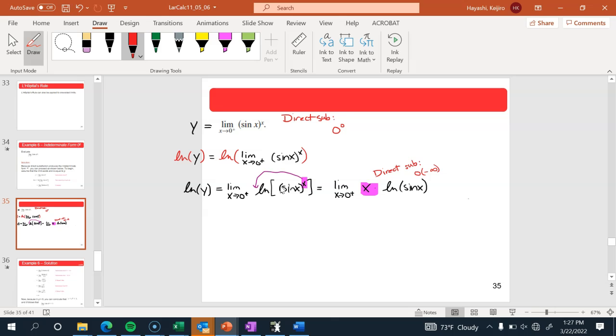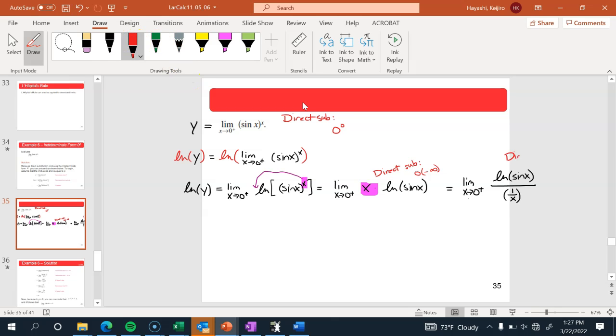So that's 0 times negative infinity, which is, again, an indeterminate form, not one that we want, but one that can be manipulated to be 0 over 0 or infinity over infinity. And in fact, we do the same thing as before. Keep the natural log on top. That's just the easier way to do this. And instead of multiplying by x, we'll divide by its reciprocal, 1 over x.